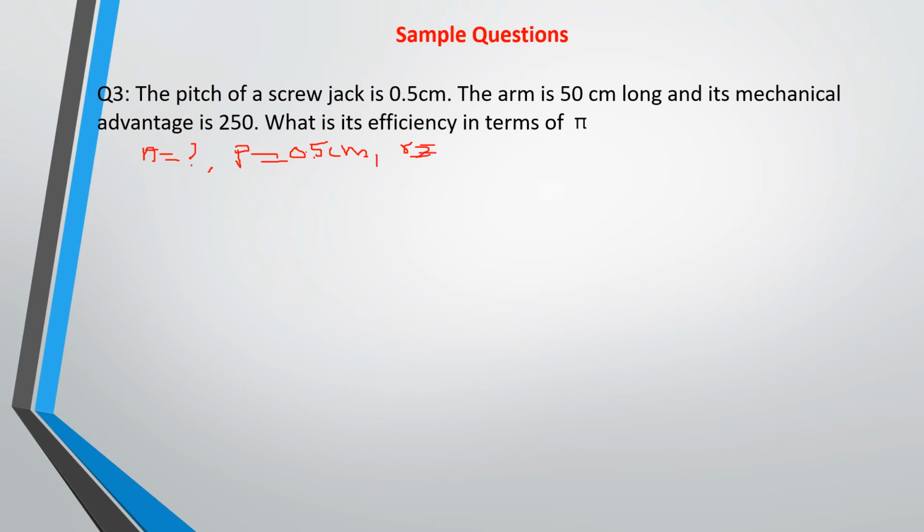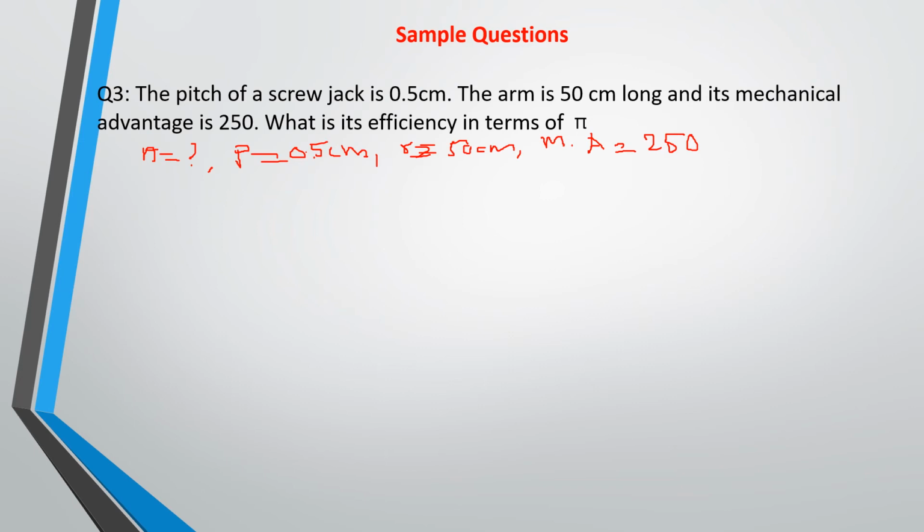So the radius is 50 centimeters. Then you are given the mechanical advantage of the equipment to be equal to 250. So these are what have been given to you already.